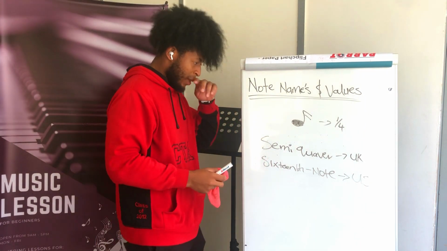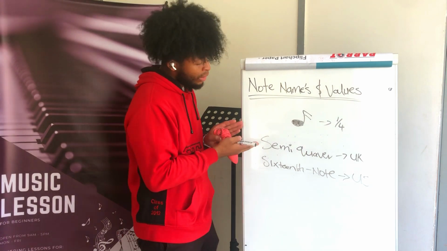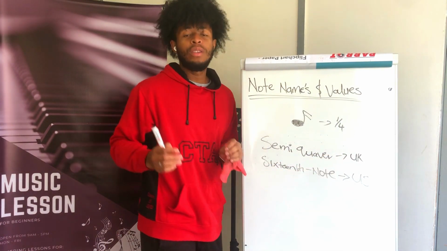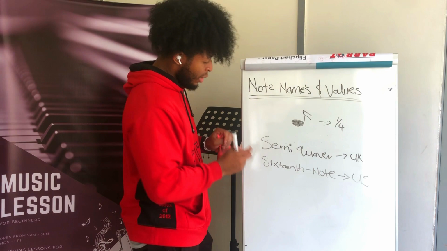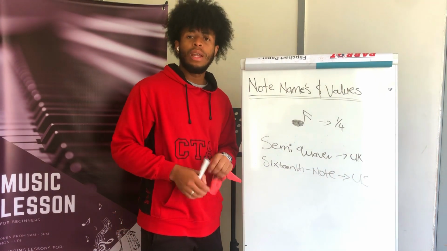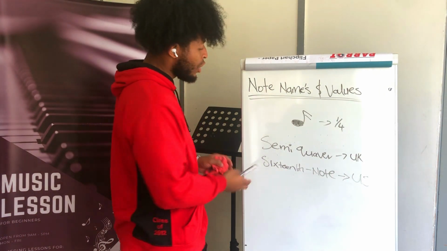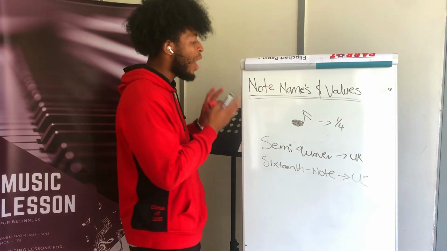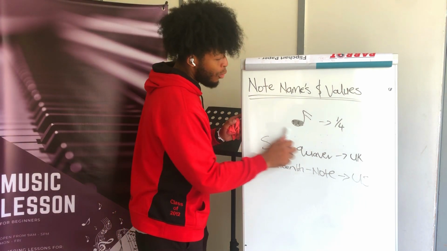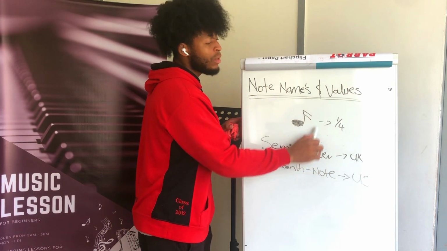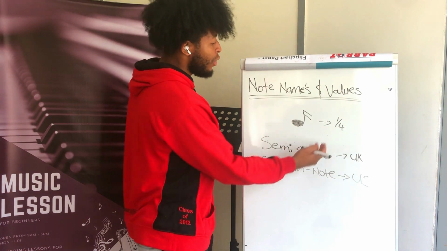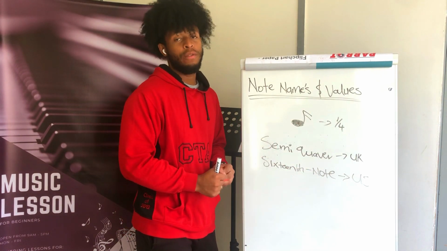Alright? So we have semi-quaver, which is the name the UK gave it, and 16th note, which is the name the US gave it. So you can use either one of those as long as you understand what the semi-quaver or the 16th note looks like. And the value is 1 over 4.